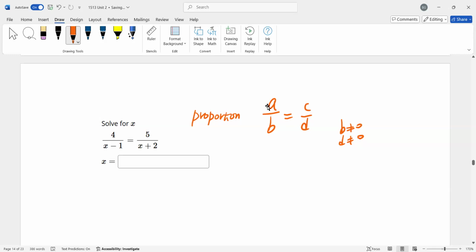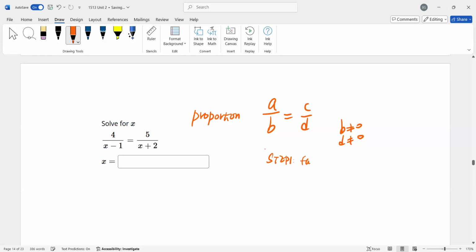The left side has a quotient, top and bottom. Right side has a quotient, top and bottom. If you have an equation that looks like that, that is a proportion. We do have a proportion here, right? Okay. So for a proportion, we have 4 steps. Step 1.